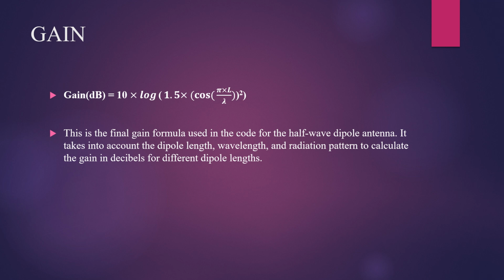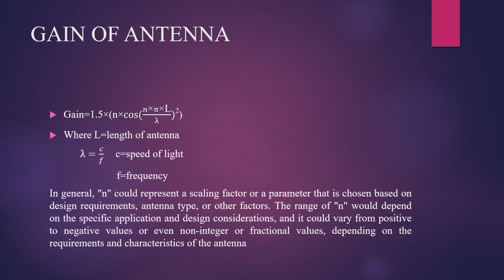It takes into account the dipole length, wavelength, and radiation pattern to calculate the gain in decibels for different dipole lengths. The objective function of the gain we used here is 1.5 n into log of (n pi L by lambda) square. Here L is the length of the antenna, lambda is wavelength, which is equal to c by f. C is the speed of light, f is frequency.